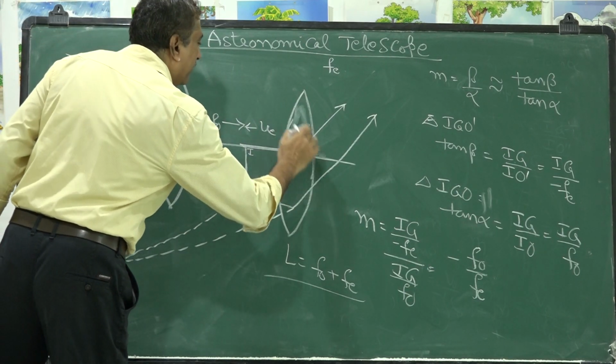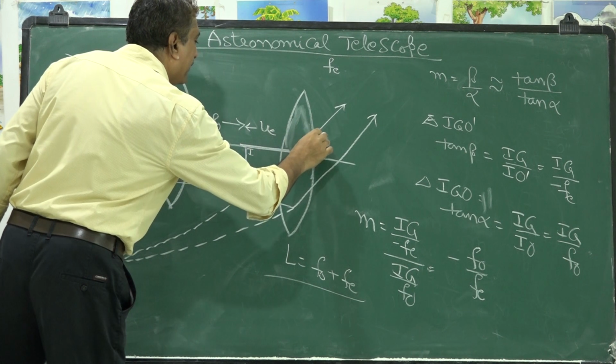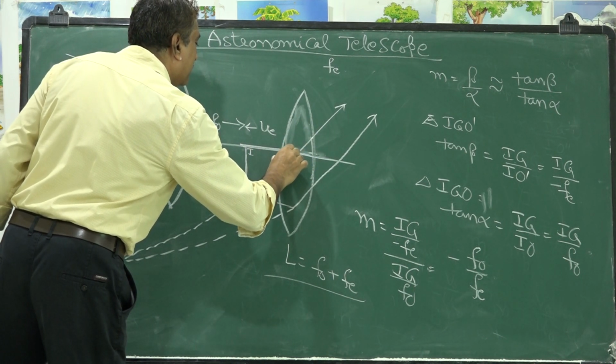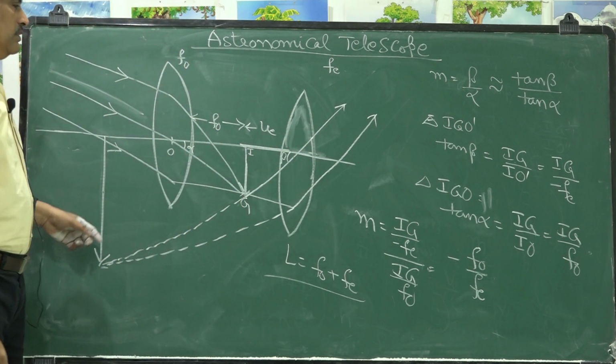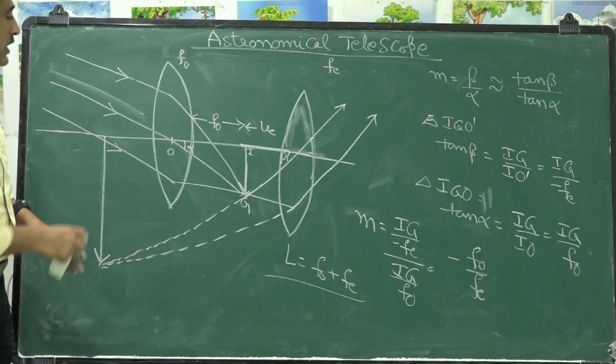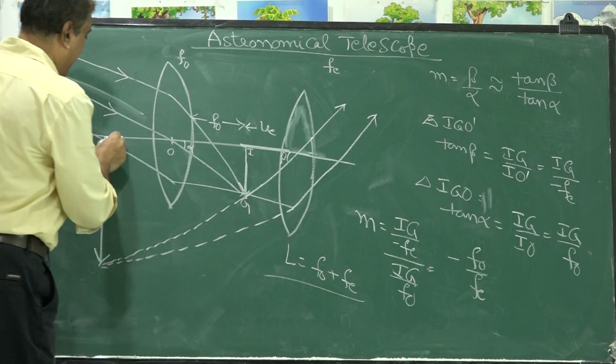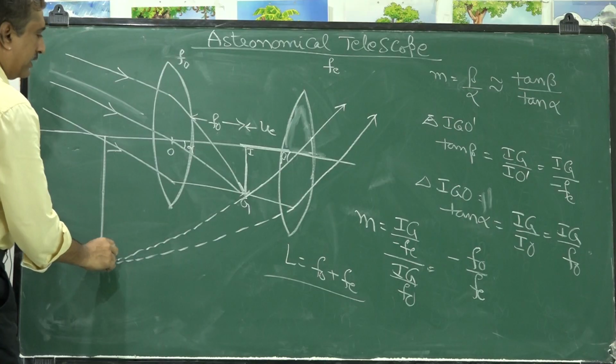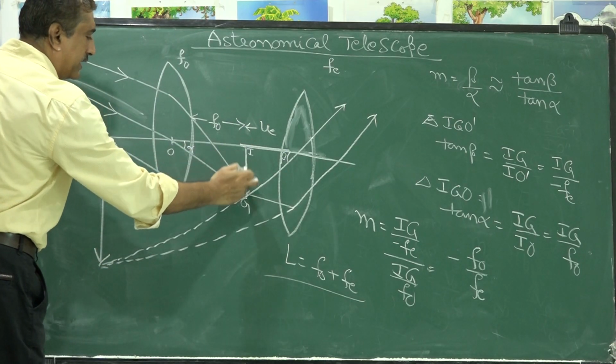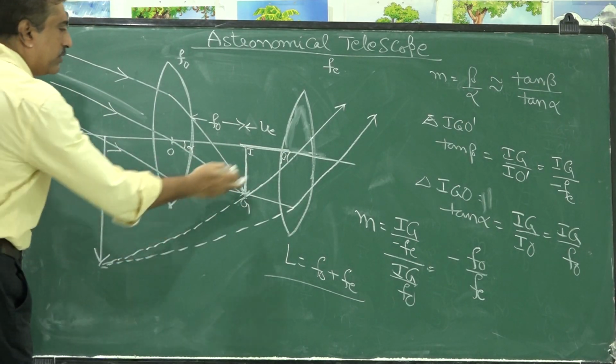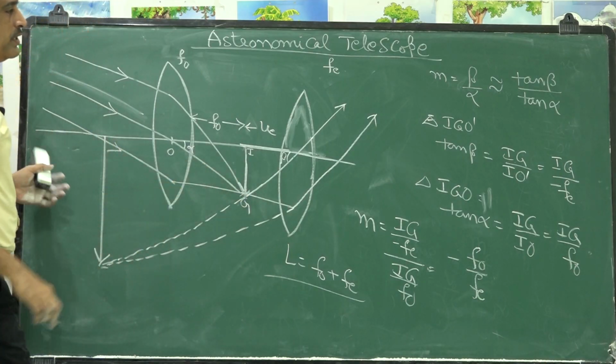Now, similarly, if we consider it as beta, the image is formed at this position, this I naught and G naught, but the angle is the same for this IG and this image also. So, we can take beta as this one also.